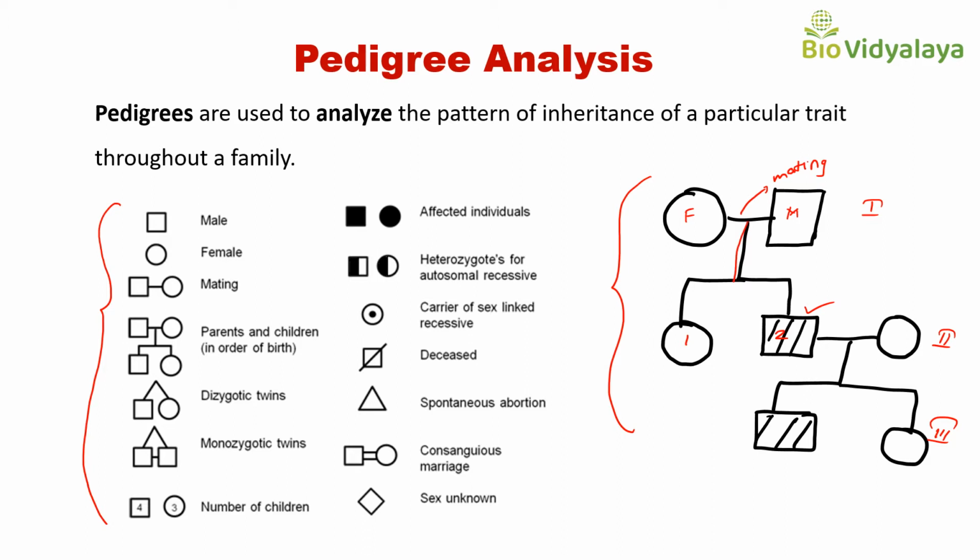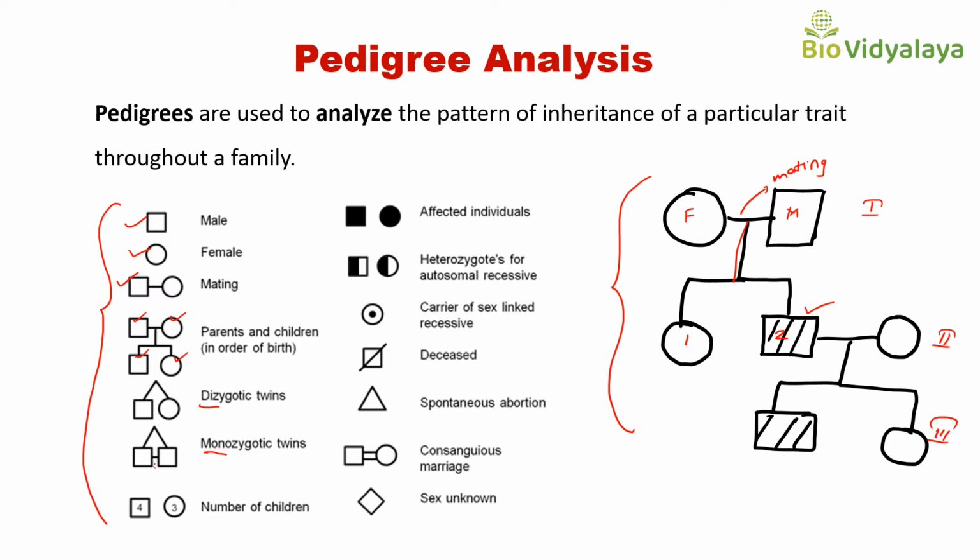So this square represents male, circle female, and the horizontal line between male and female is mating. Here are parents and these are the children. This is dizygotic twins, this is monozygotic twins, and here is the number of children, 3 females and 4 males, like that.